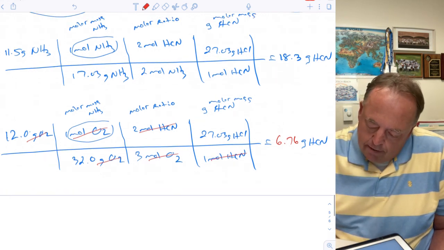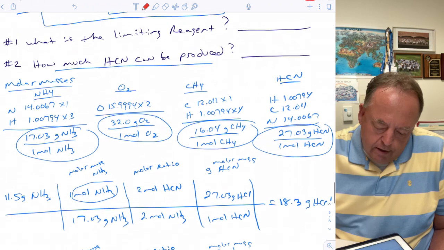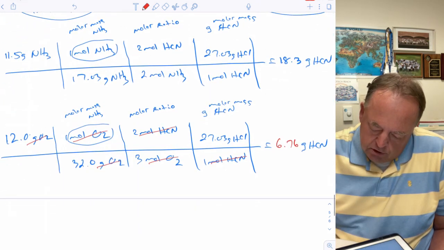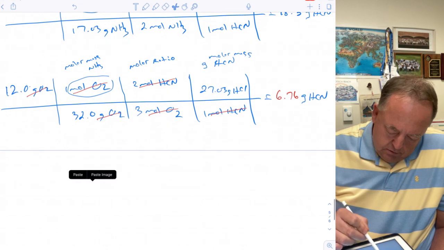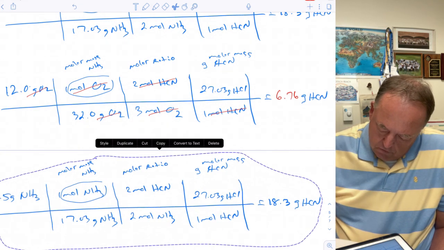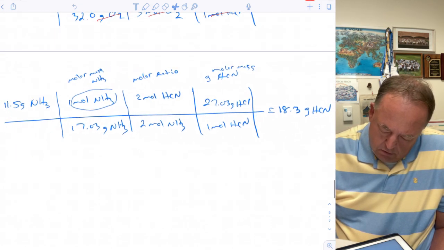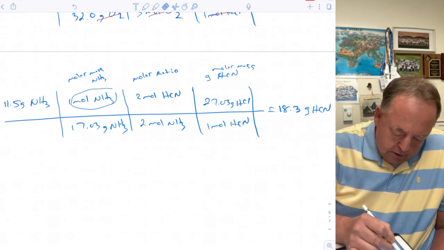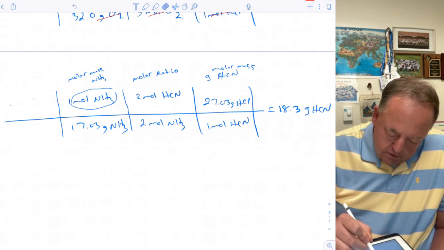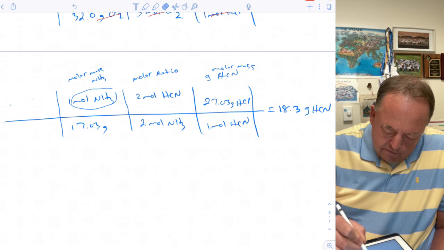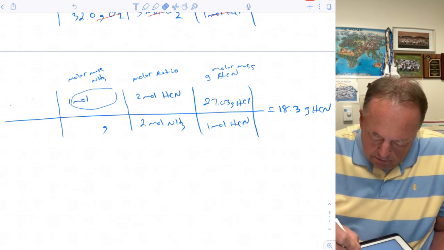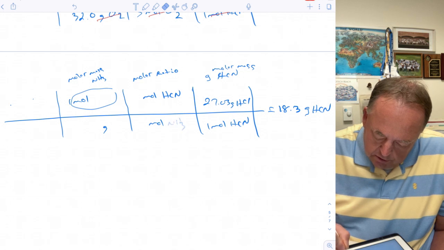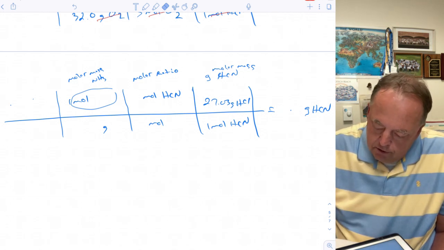So now it's down between O2 and CH4. Let's do the same thing for CH4. This is going to have to be CH4, that's going to have to be CH4, CH4 there, and the molar ratios will change, and all of that stays, and this will change.